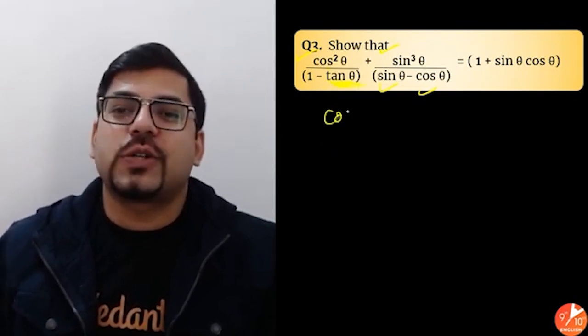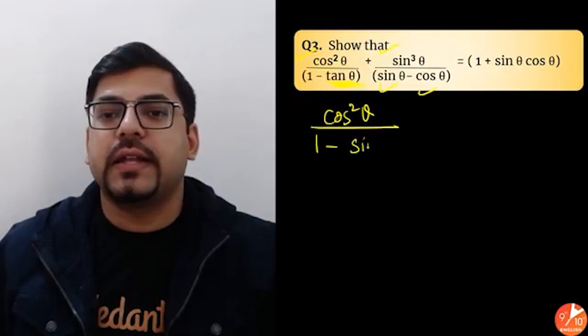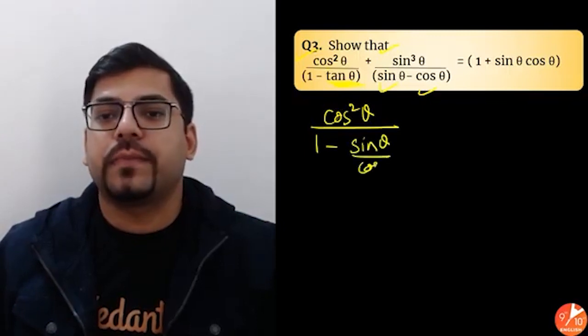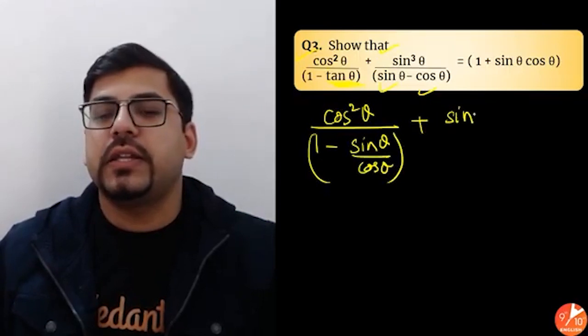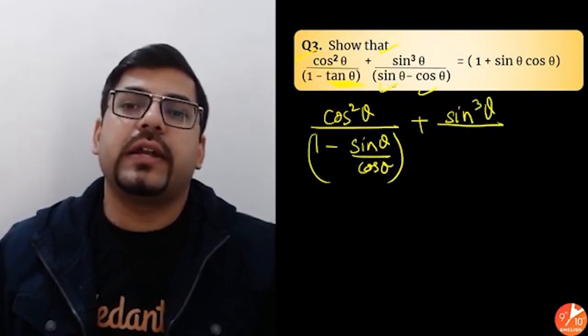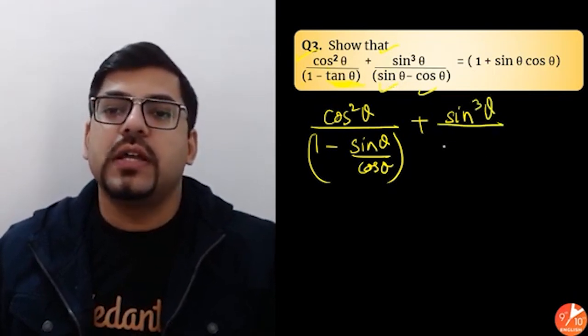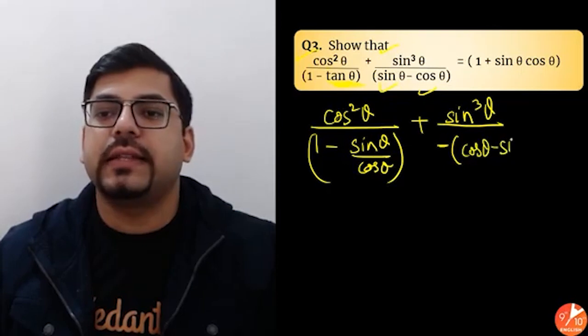So I'll write cos²θ divided by 1 minus sinθ by cosθ, plus sin³θ. And here, instead of sine minus cos, I would like to write it as minus, taking common, cosθ minus sinθ.